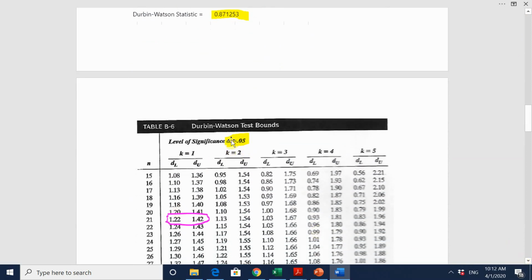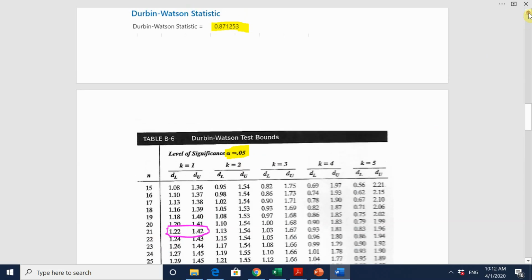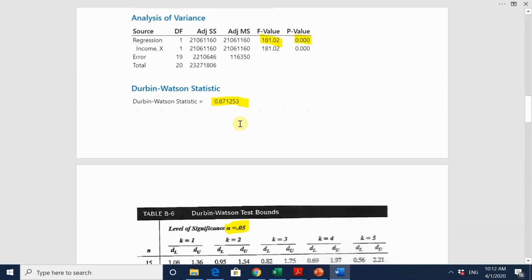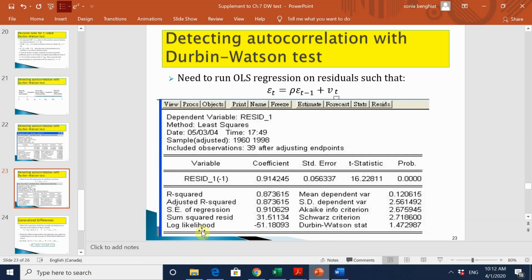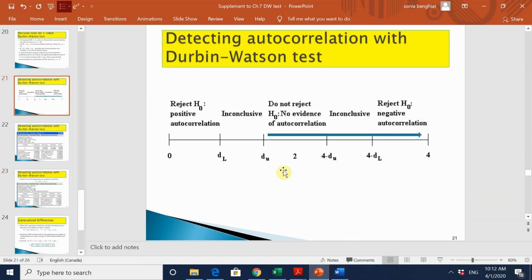At a level of significance of 0.05, the critical lower limit is 1.22, and my Durbin-Watson statistic is 0.87, which is less than the lower limit of my critical Durbin-Watson.